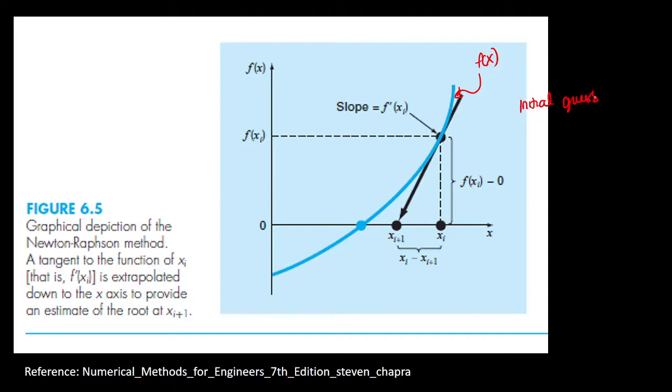Let's just say it represents x sub i. So for your initial guess, that will be x sub 0. And when you plot your x sub 0, let's say this one, you'll try to find that root based on the formula from the slope of a tangent line.